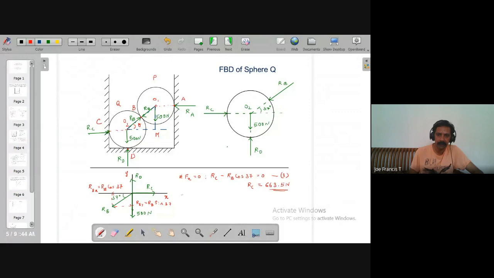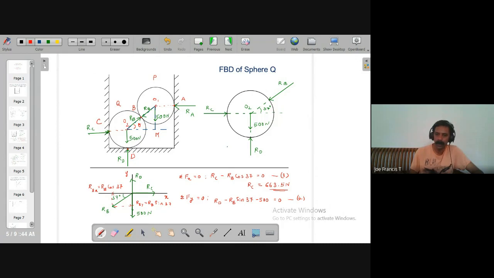Now you write sigma Fy equal to 0. Resolve the forces in y direction. So you start with the positive direction RD minus RB sine 37 minus 500 equal to 0. So that is equation number 4.